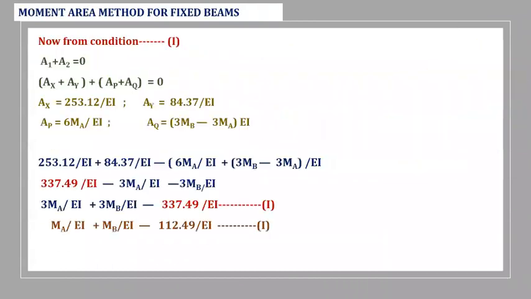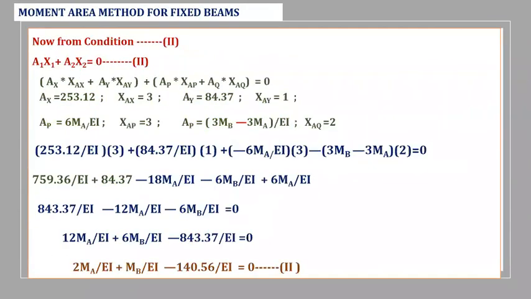So I will write in detail: AX times XAX, plus AY, the area of the second portion, times XAY, plus AP times XAP, plus AQ times XAQ. In the equation we have the plus, while substituting the values we will put the second portion as a negative value.